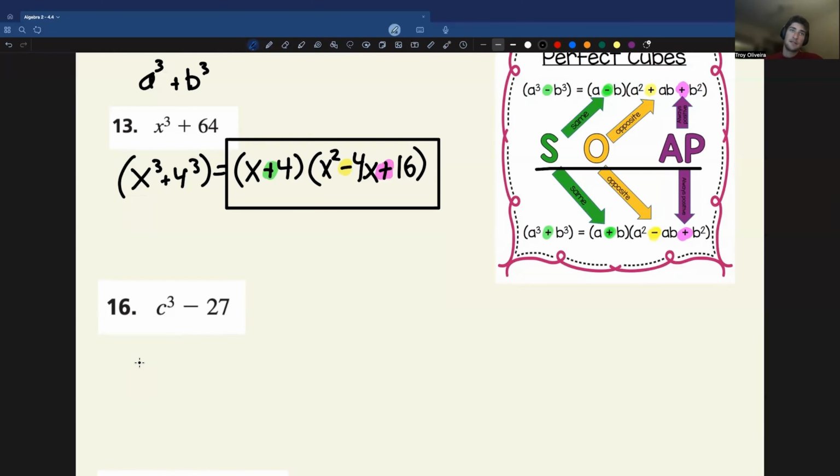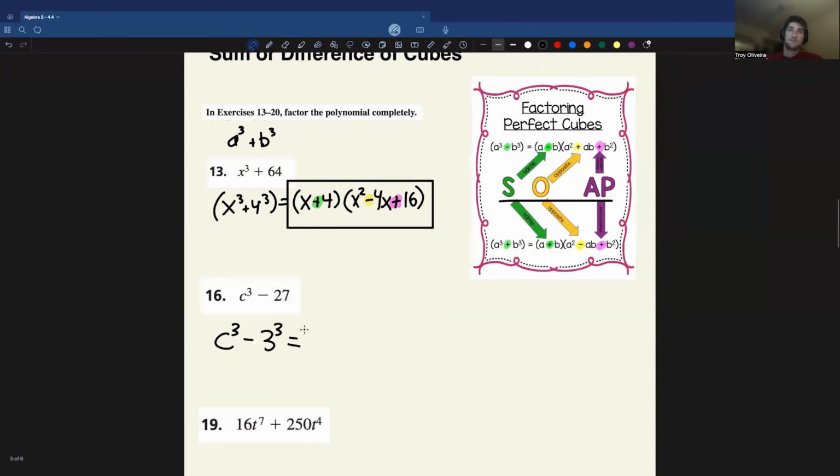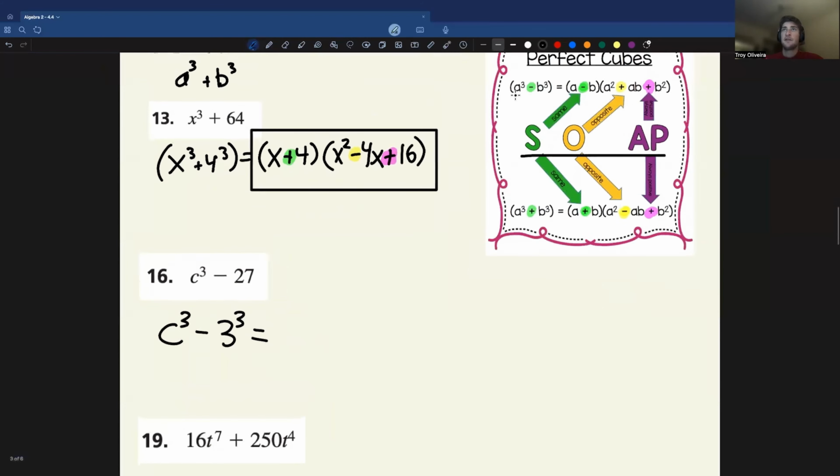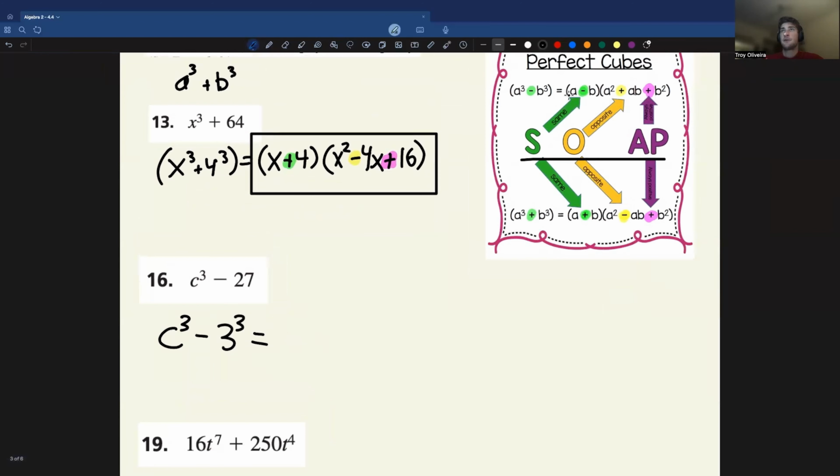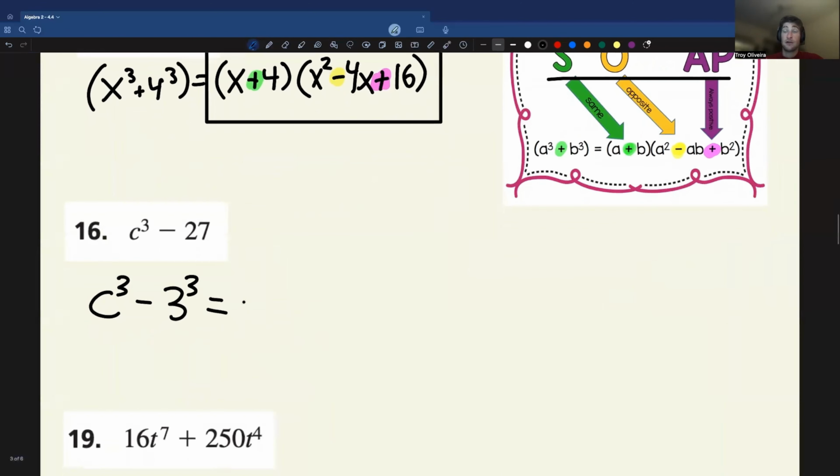Okay, so that's the same as c cubed minus 3 cubed. And that is going to equal, well, now we need to use this top pattern where it's using a minus, right? But instead of looking up there, we'll just use our acronym SOAP.